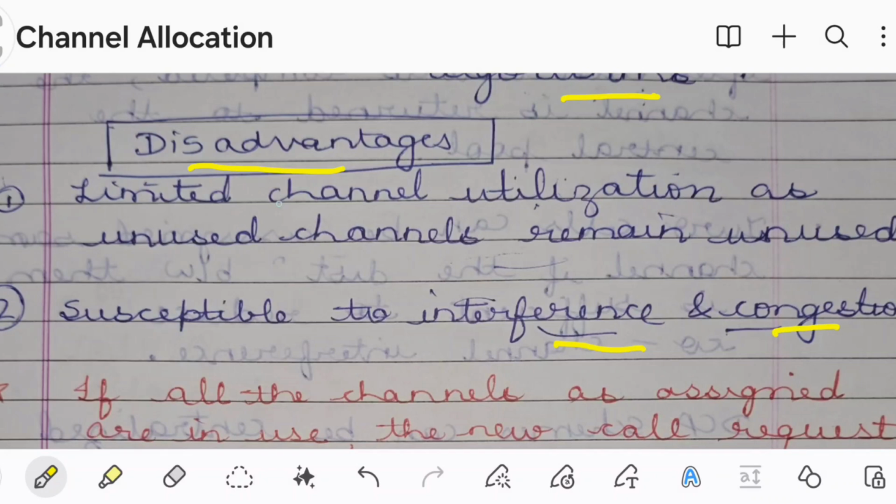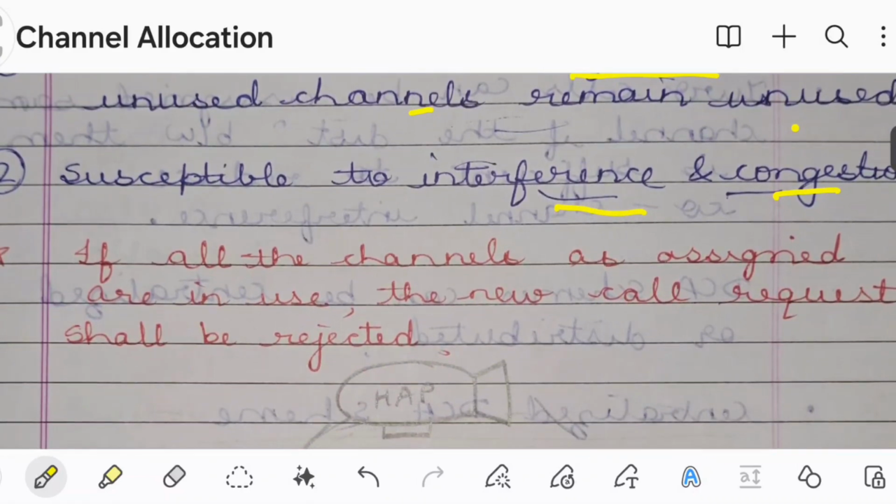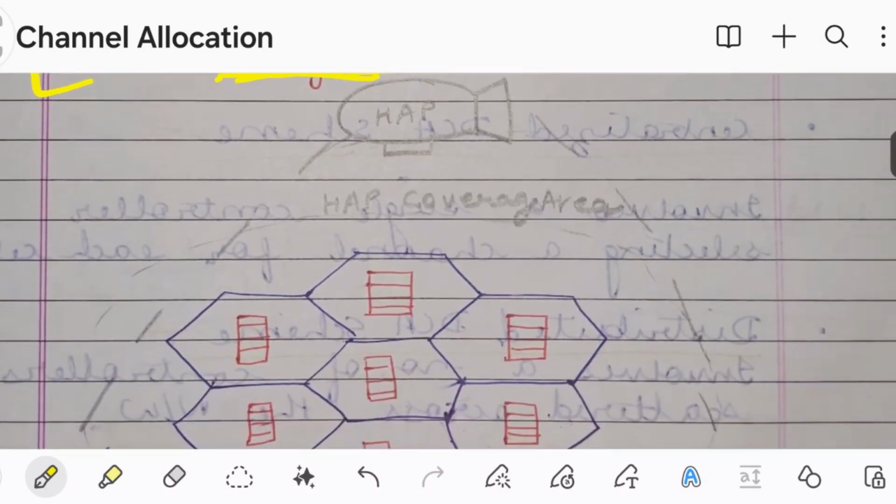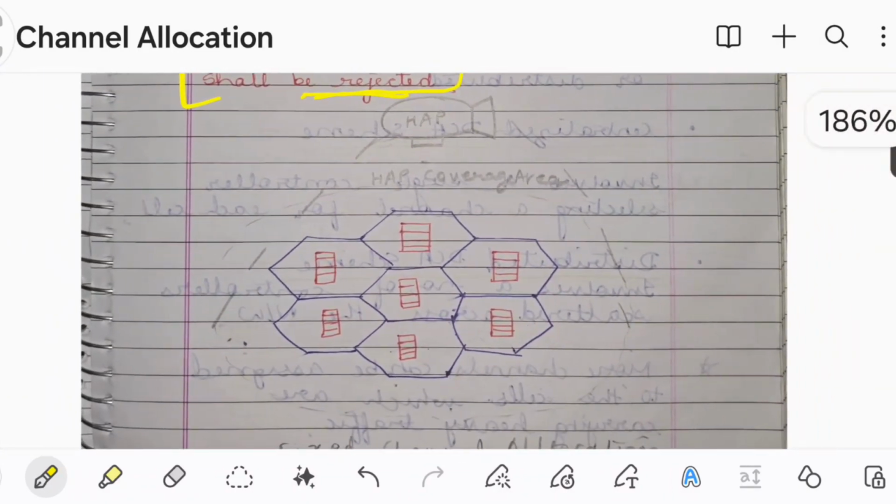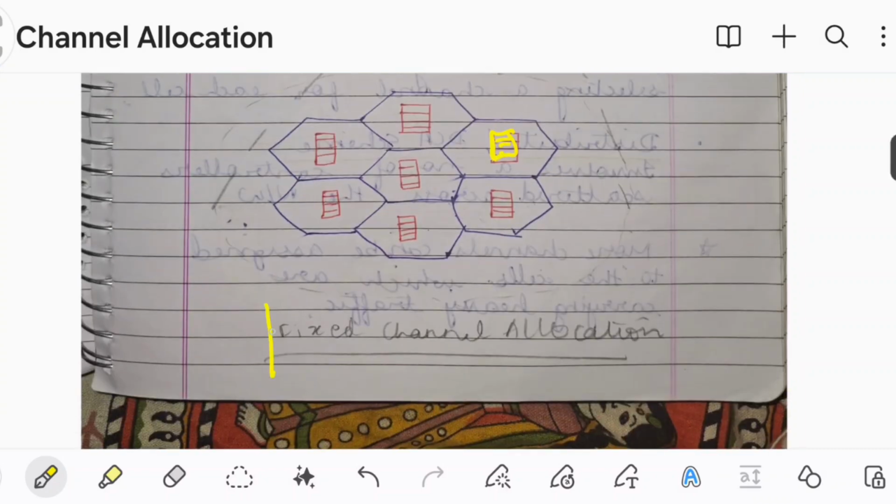This is very important: if all the channels assigned are in use, the new call request will be rejected. So this is simply a diagram showing that there are various cells, and these are all the channels that have been allocated in a coverage area. This is simply for understanding purposes.